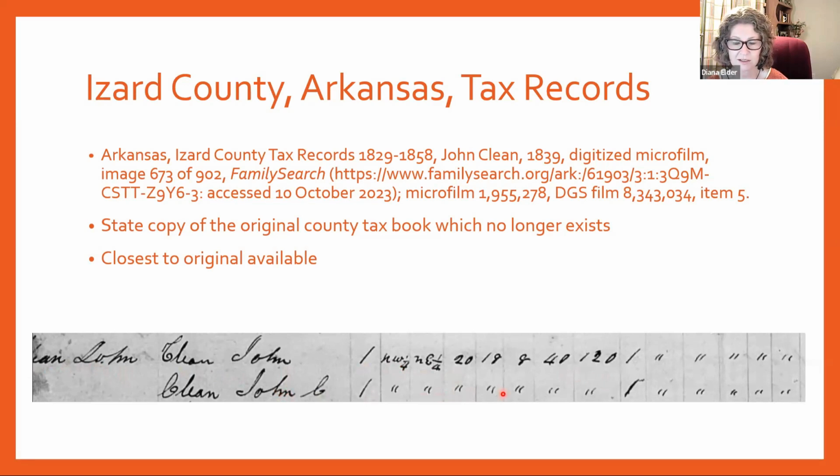These little marks just mean no. Sometimes we think they're dittos and they're not. Looking at all of them, they just mean no land, no cattle, whatever. This is poll tax. So both men paid a poll tax. So this looks like we have two men here in 1839.